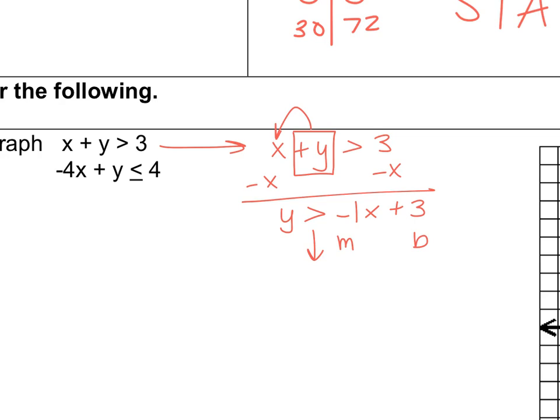If I test the point 0, 0, then y becomes 0 and x is completely canceled out. So are we looking at 0 greater than 3? Is 0 greater than 3? Nope, it's not greater than 3. So 0, 0 is not going to be a solution.